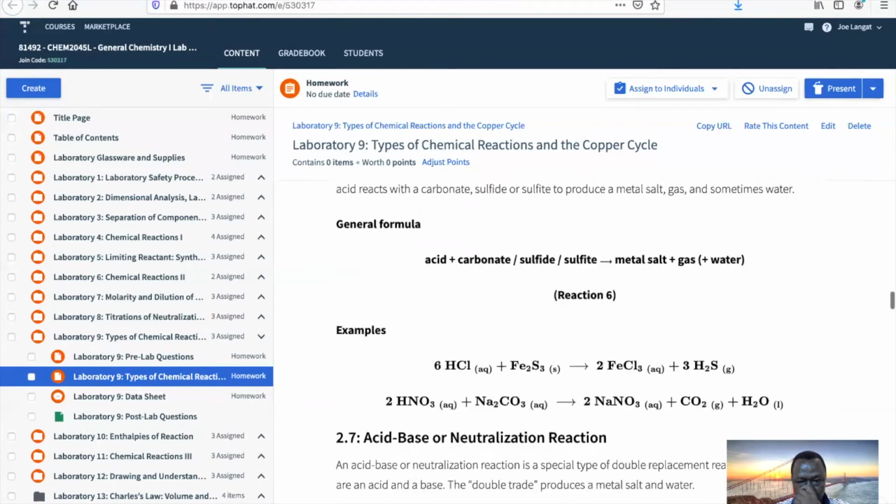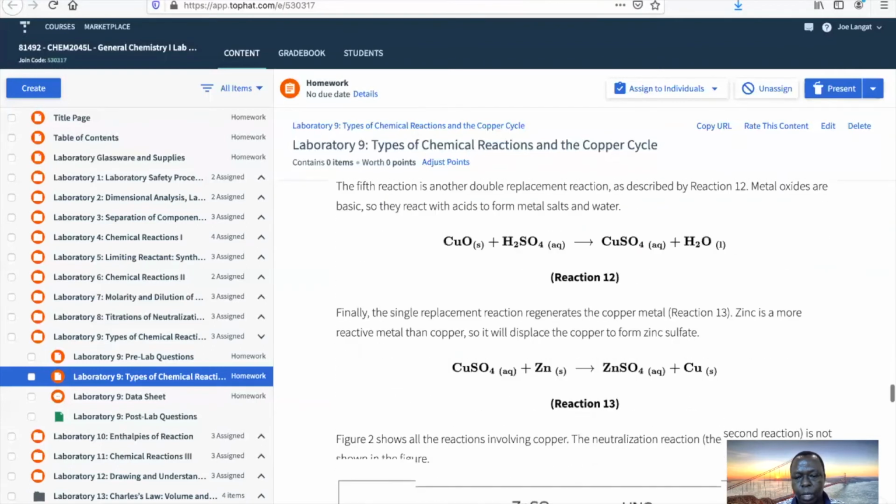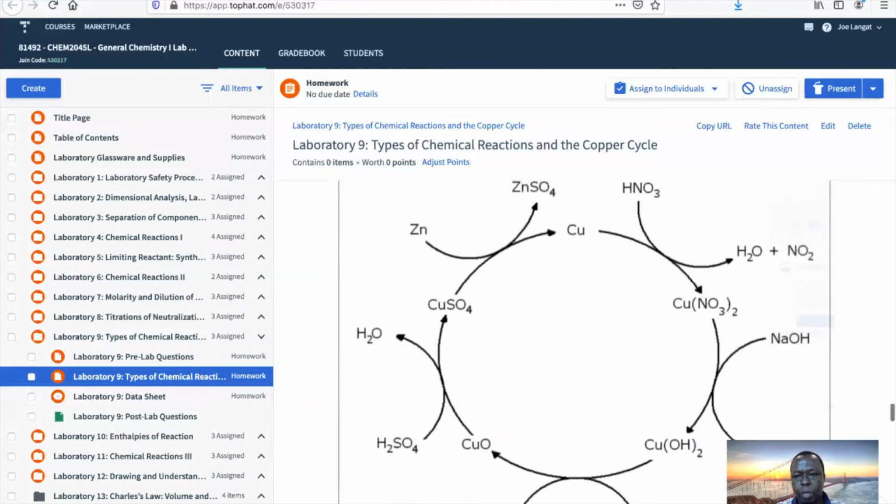This is the cycle we are talking about, starting with copper. Reaction 1, it goes through this cycle. Look at where copper is all through, all right? If I look at this cycle right here, I don't know the physical state, yet you will be expected to write the physical state of the form in which copper is.